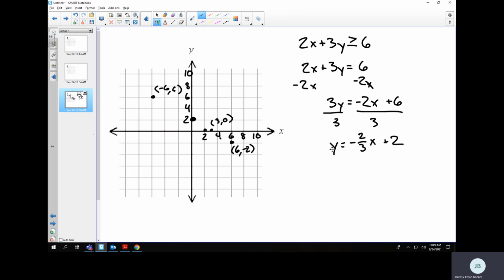Okay, so we have a greater than or equal to here, which means that the solution set includes the line itself. So we'll sketch a nice solid line like so.